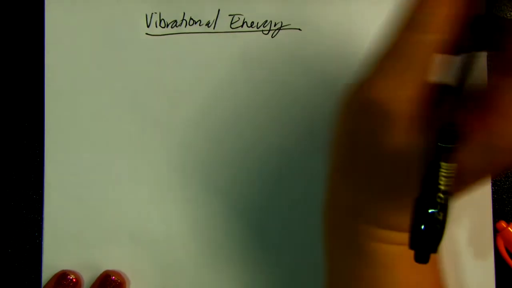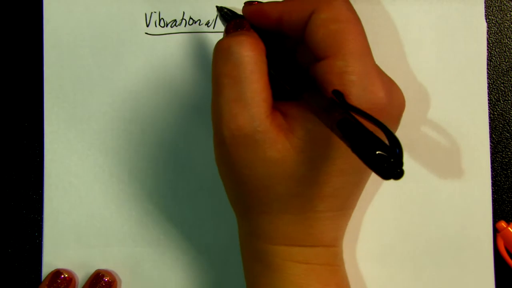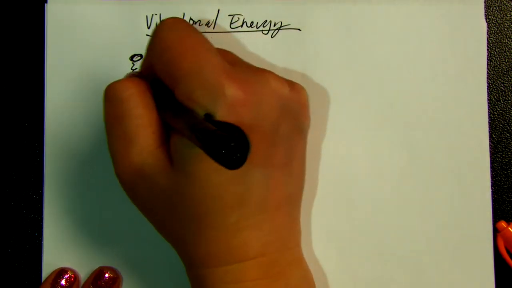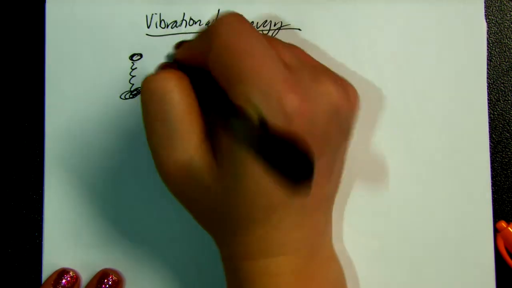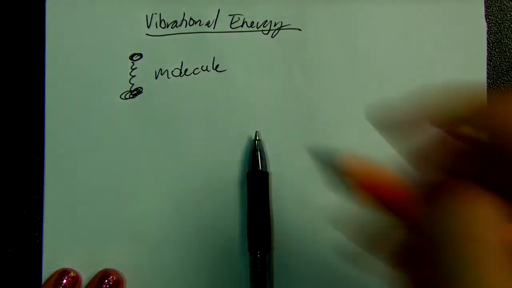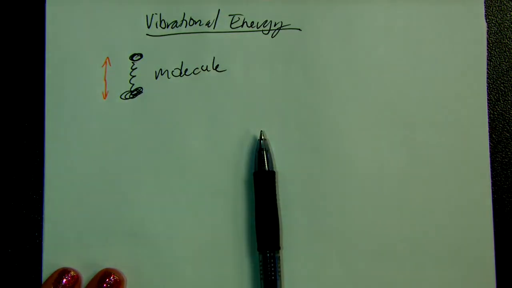Building into rotational. The reason I'm going to do this next is we're already somewhat familiar with vibrational. So we could have our vibrating molecule. It's just going up and down like a shake weight.